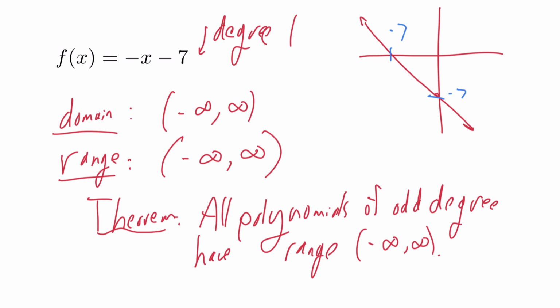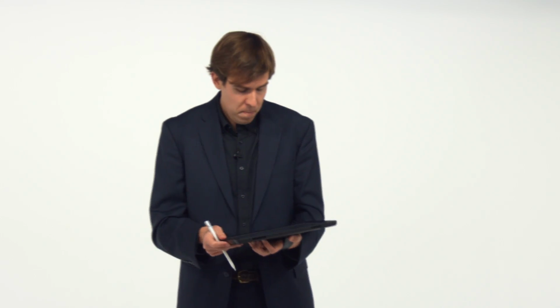We will do a very thorough discussion of even and odd numbers in Module 7. More than this, we'll give very precise results. But 1 is odd, 3 is odd, 5 is odd, and so on. All of those polynomials will have range all real numbers. So what we can conclude is that the only polynomials that have issues with range are the even ones. Things like quadratics or fourth degree polynomials known as quartics.